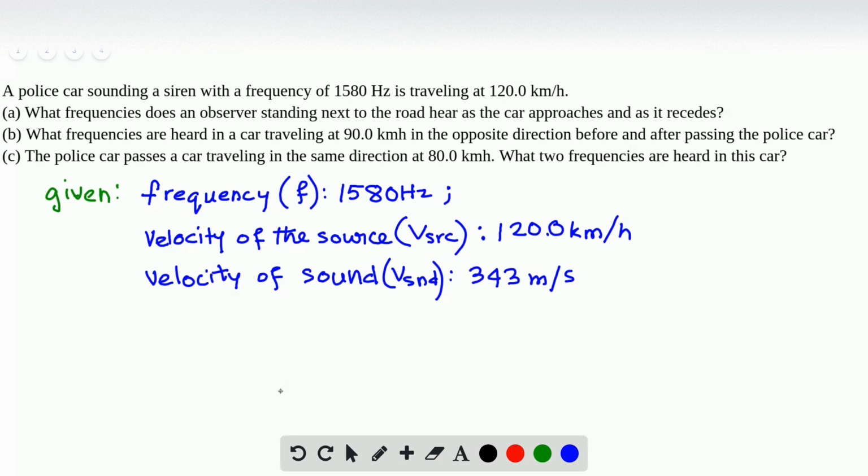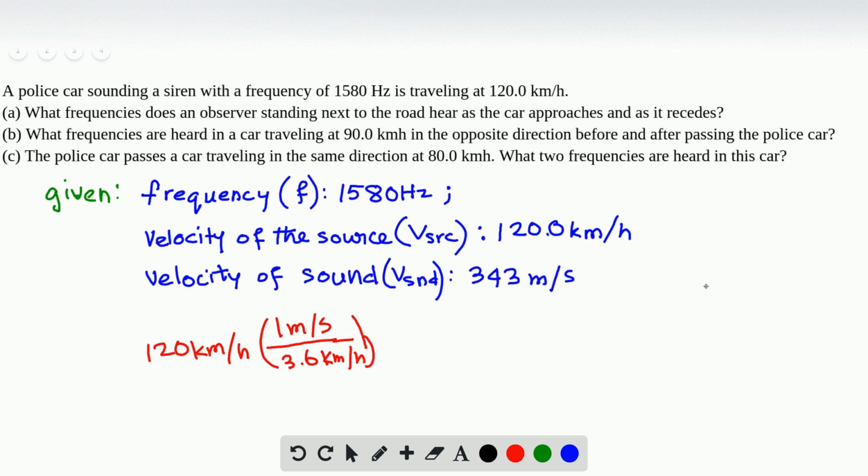To do so, we get rid of the kilometers per hour unit: we multiply by 1 meter per second on top and 3.6 kilometers per hour at the bottom. This is basically the same as 1, because an hour is equal to 3600 seconds.